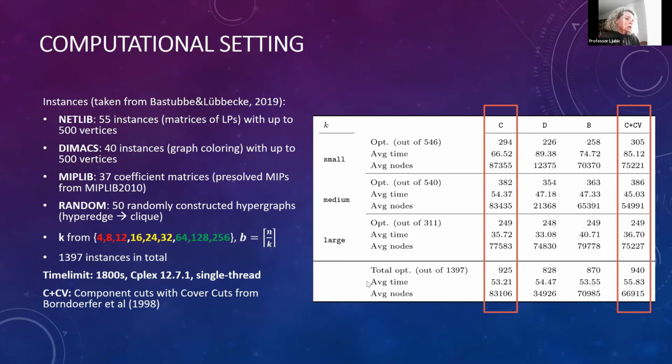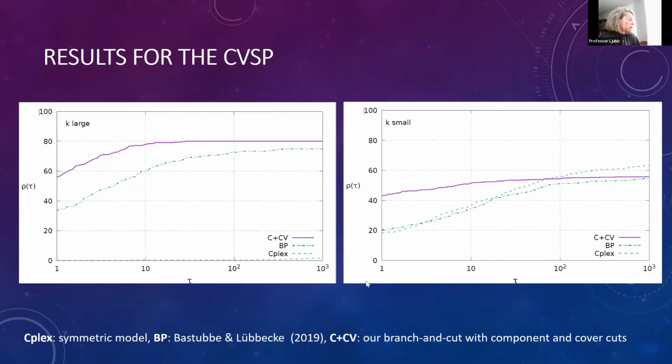Okay, and then when we look at the performance profiles, here I'm showing you the differentiation based on the number of bins. When we have a large number of bins, we are comparing our best performing method, branch and cut, against branch and price, and against CPLEX.